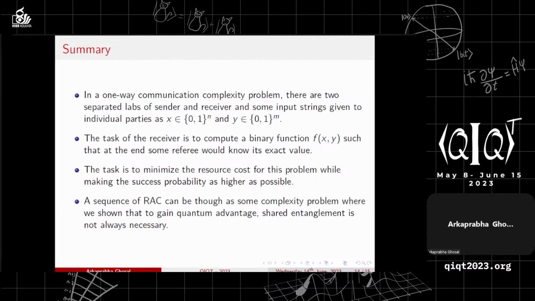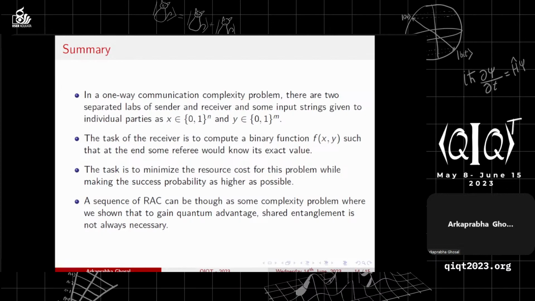So our problem shows that it minimizes the communication complexity cost, if I assume that the sequential RAC game represents a particular subclass of one-way communication complexity problems. In that case, one can show that one can gain quantum advantage without using any shared entangled state at all.